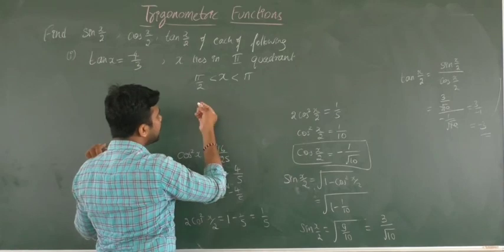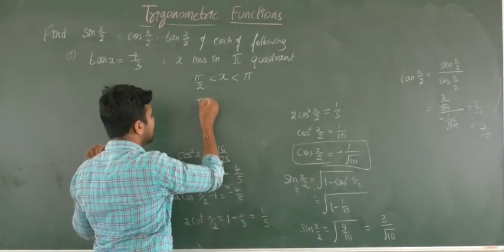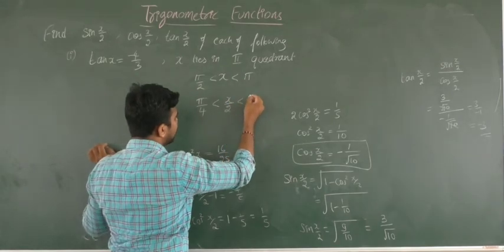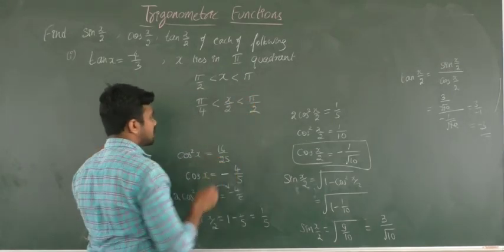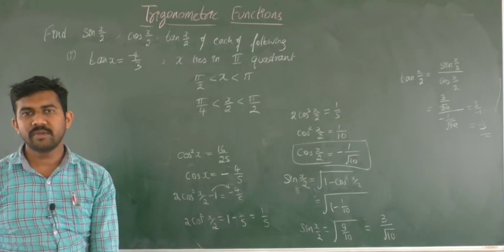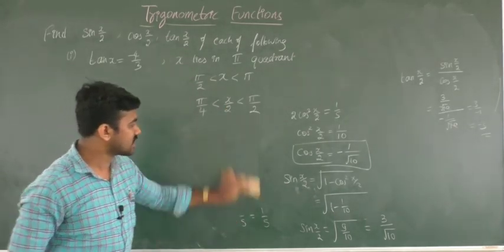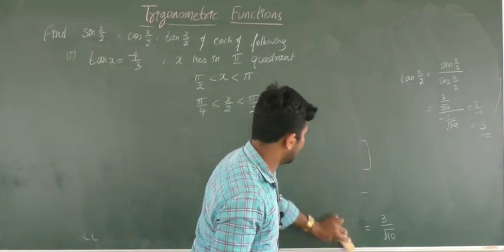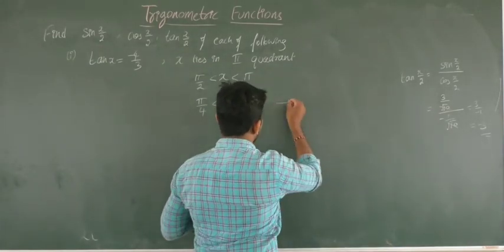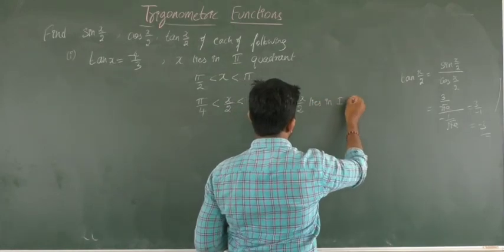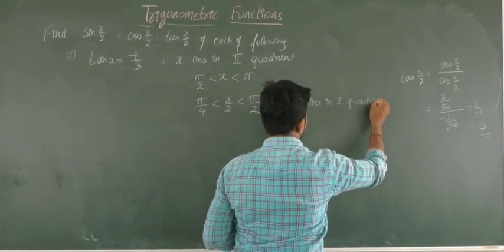So by dividing 2 on both sides, we'll get x by 4 less than x by 2 less than pi by 2. Means we can say x by 2 is in between 45 degree to 90 degree. Means we can say x by 2 lies in which quadrant? First quadrant.